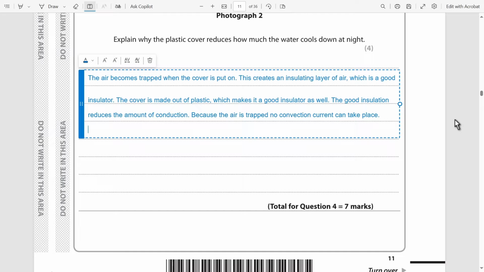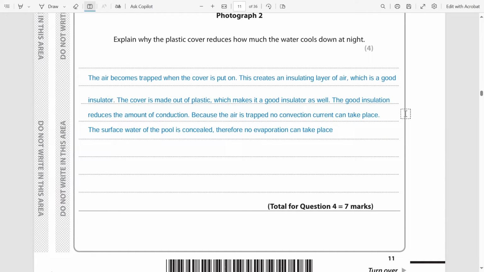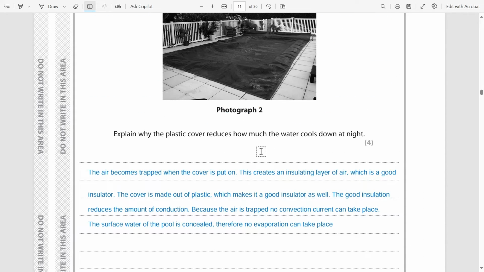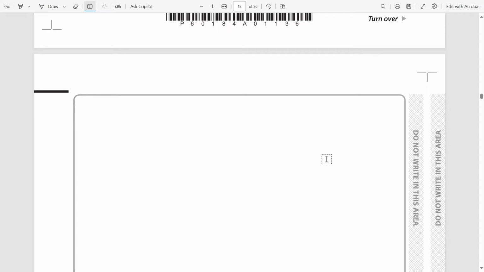And because the surface water of the pool is covered, no evaporation can take place. Kaboom. We got all 6 marks, but it was a 4-mark question, so we wrote way more than we needed to, but it's better to be safe than sorry. I had to learn that the hard way, I swear.